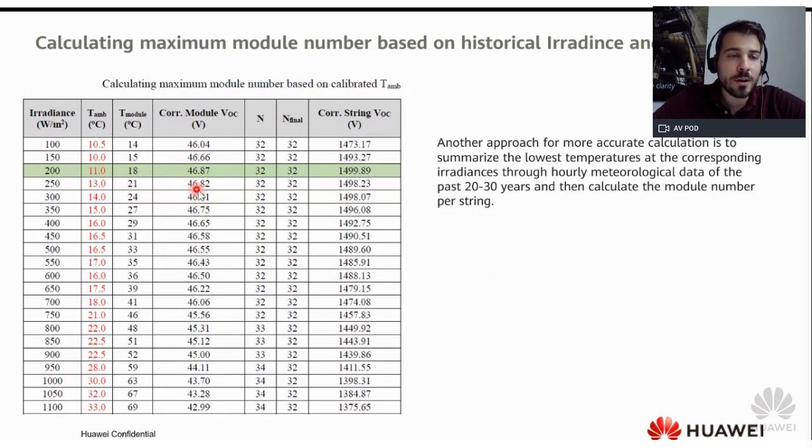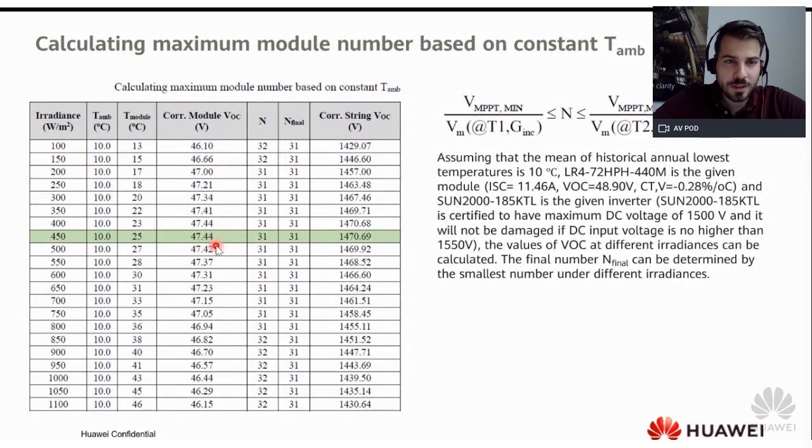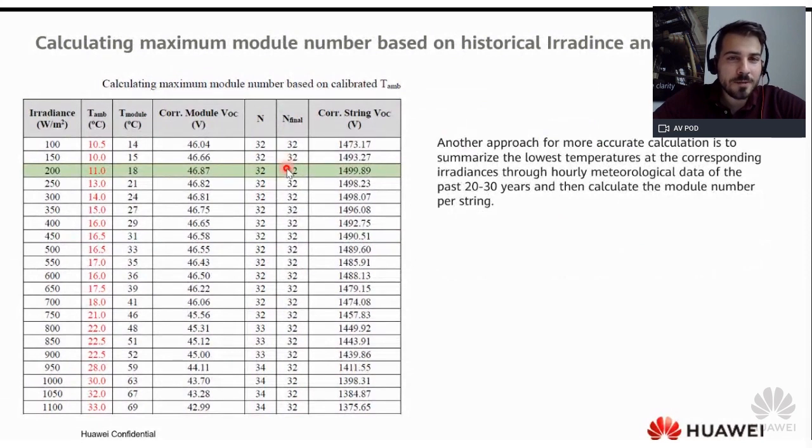maximum VOC. And now you can see that the situation has changed, because now the corrected module VOC is 46.87, and in the previous case we had 47.44. So it means that we are left with 32 panels.